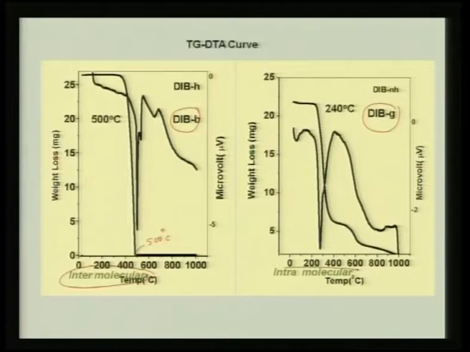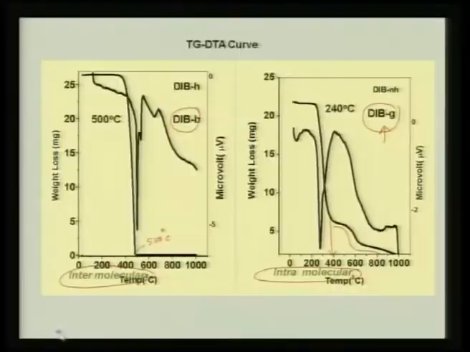Whereas in the intramolecular hydrogen bonding, which is the case of the green emitting molecule, you can see that there is a sharp fall around 400, but then it extends down up to 1000 degrees, which means the intramolecular hydrogen bonded compound is more thermally stable compared to the intermolecular hydrogen bonded compound, and because of this hydrogen bonding network, the solid state property of these two compounds will vary.